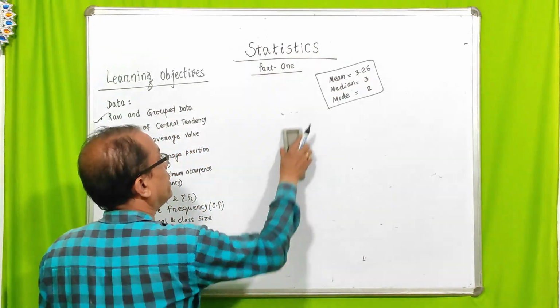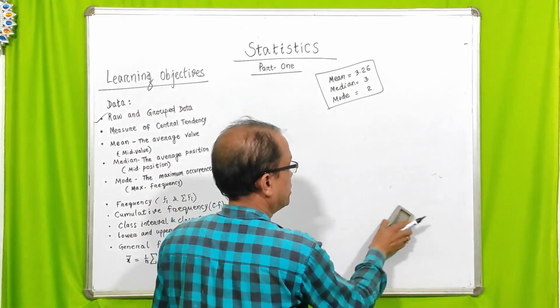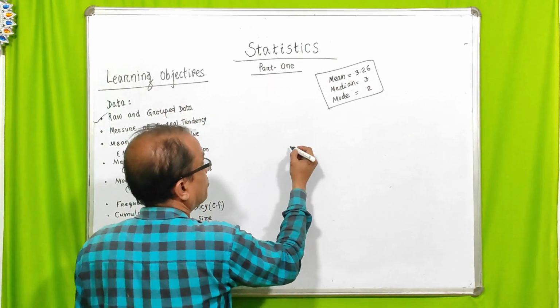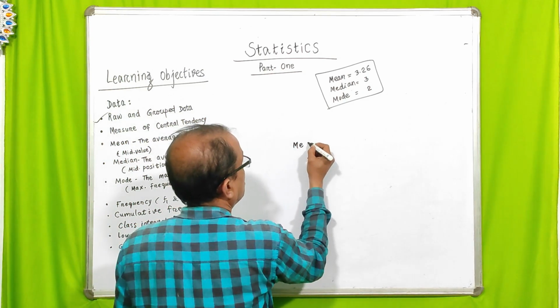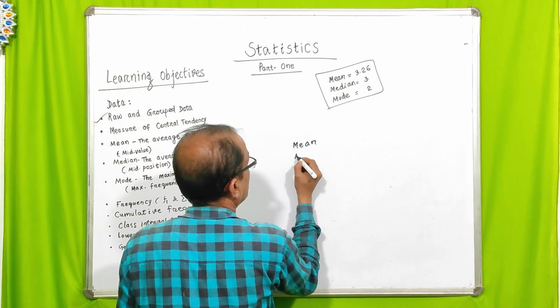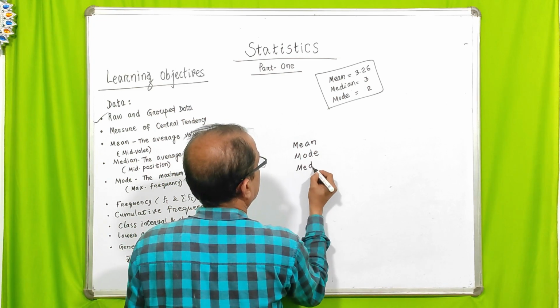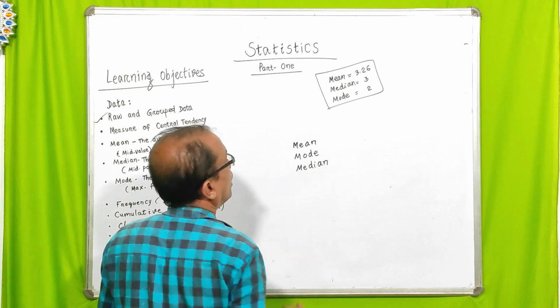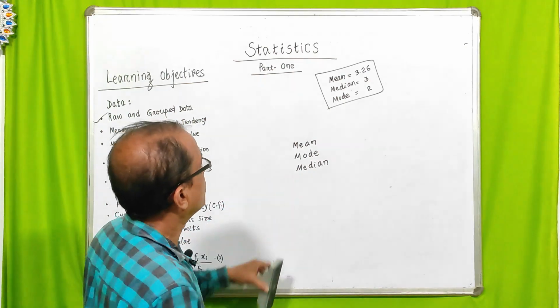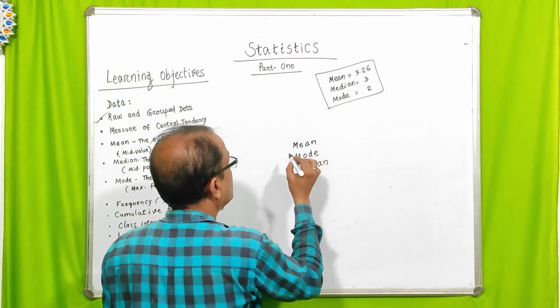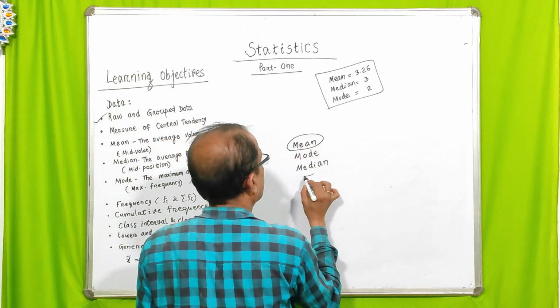And there is a general formula which students many times forget how to remember. You can see there are 3 things: a mean, a mode, and a median.